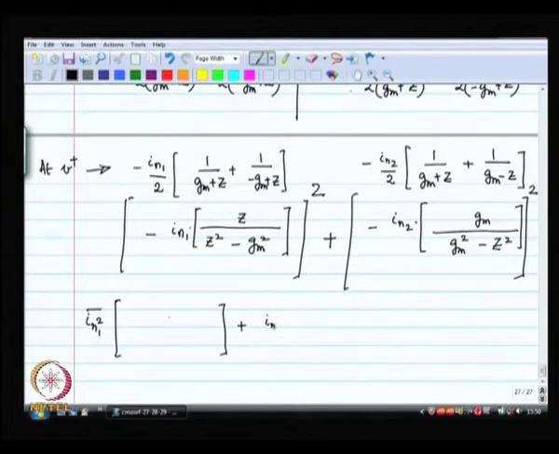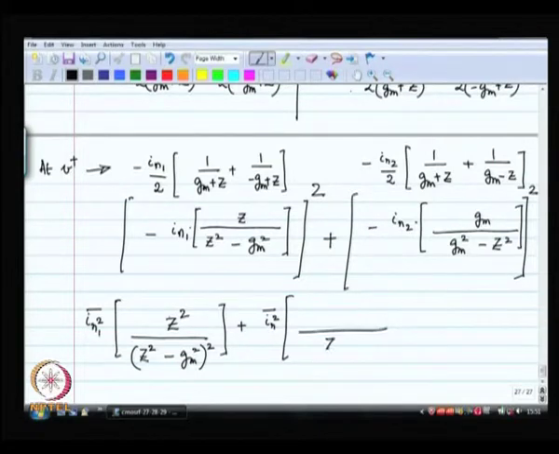I n 2 squared is also a mean squared noise voltage, and in the denominator I have got... all right.